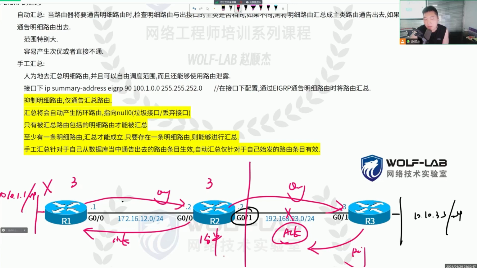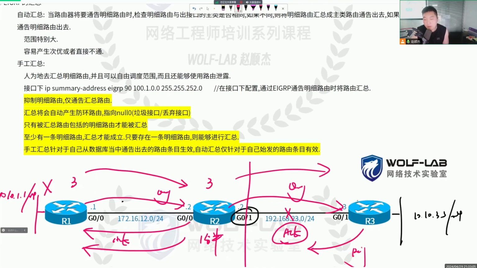Finally, R1 and R2 will not reset the neighbor relationship, but R2 and R3 will reset it because they exceeded the query time and can't receive a reply from the other party within 3 minutes.